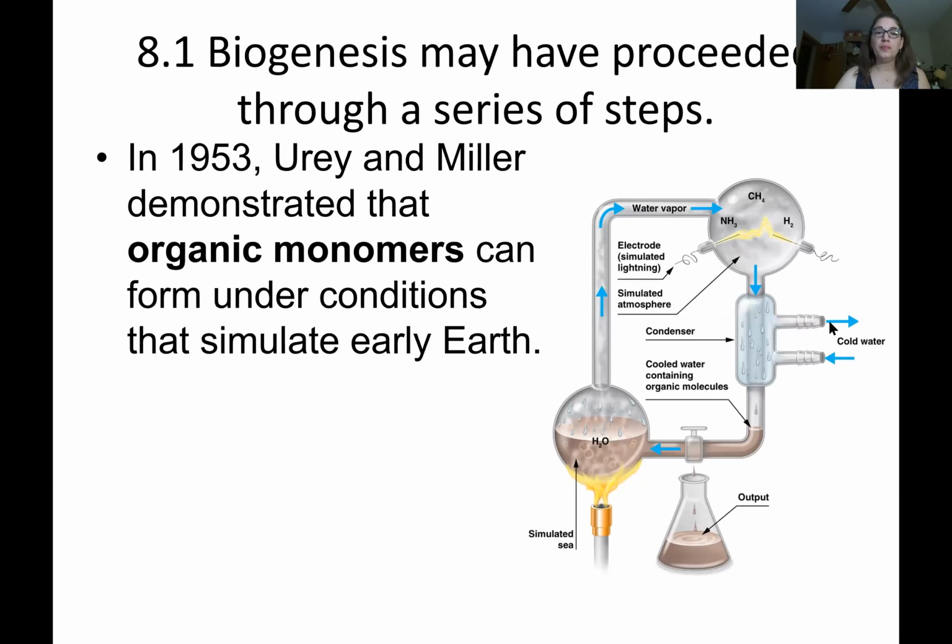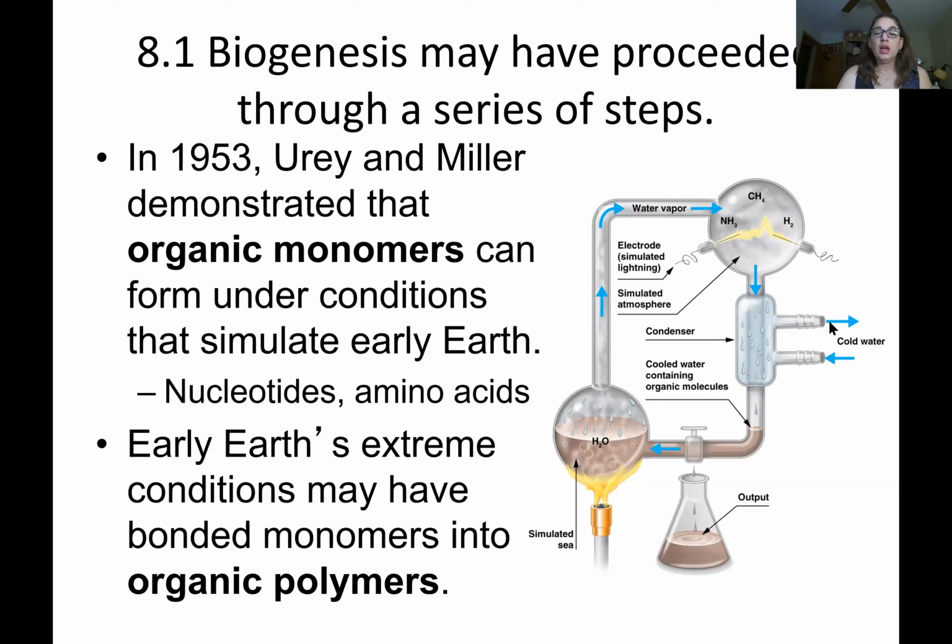Okay, so a pretty famous experiment done in 1953 by Urey and Miller demonstrated that using organic monomers, you can form simple organic molecules. So, for example, nucleotides and amino acids, like adenine and thymine and guanine and cytosine. So they did this experiment.